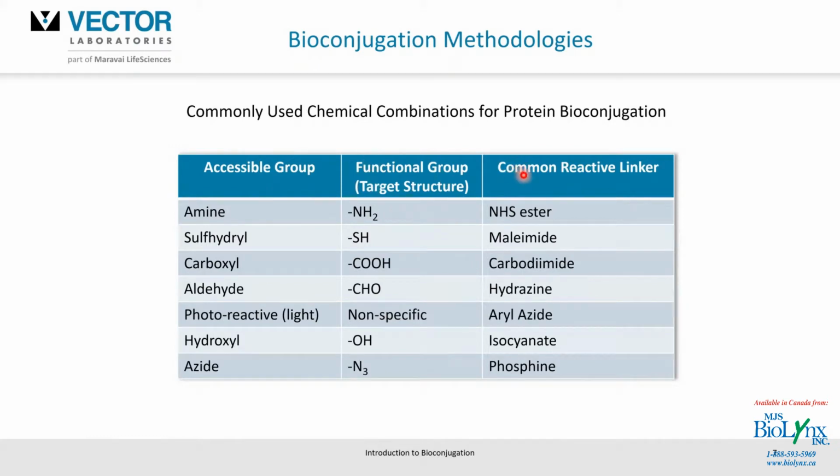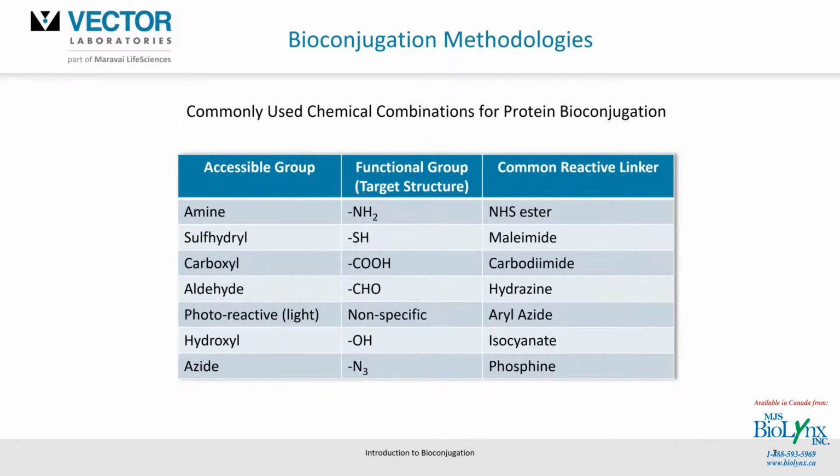And then it reacts usually with something like one of these. We have mentioned NHS esters before, whereby you'd have this amine group on an antibody, you'd react with, say, a biotin or a fluorescein NHS ester, and that's the way you would get a biotin or a fluorescein attaching directly to that antibody.